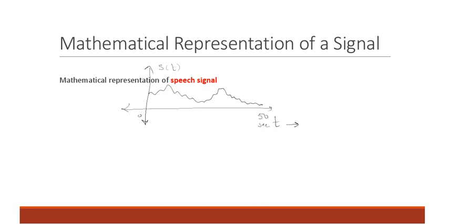Now when I am interested to put this signal mathematically, we know the signal involves different amplitudes and different frequencies. Hence, representing the entire signal by a single mathematical equation is a very complex thing. Hence, speed signals are segmented into smaller sections.